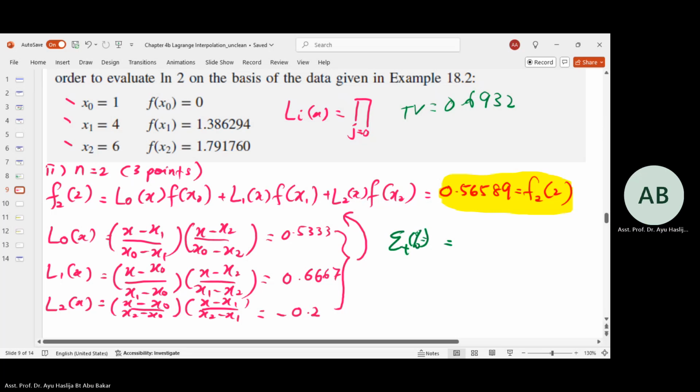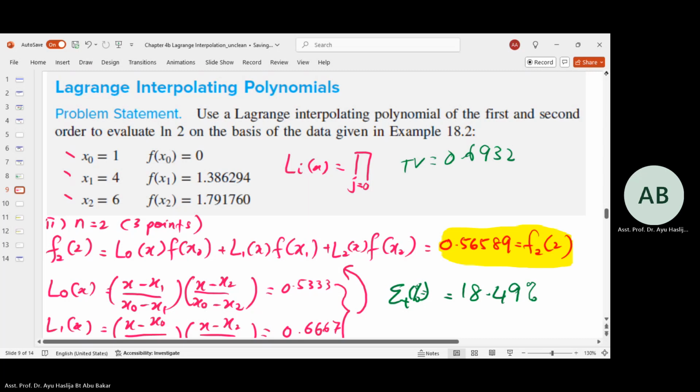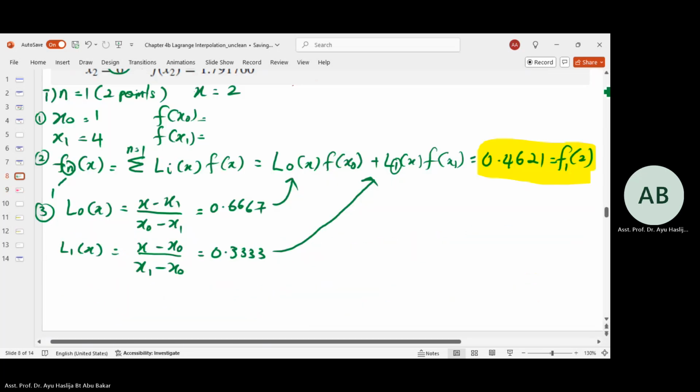Okay. This one just now, Julius, what do you get for the true error for n equals 2? 18.49. N equals 1? 33.3. 33.34.